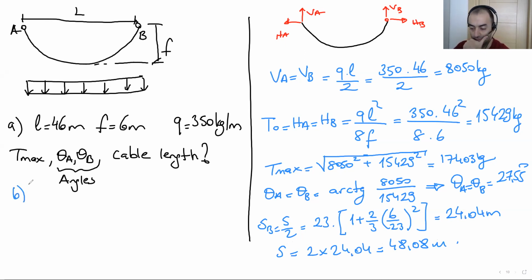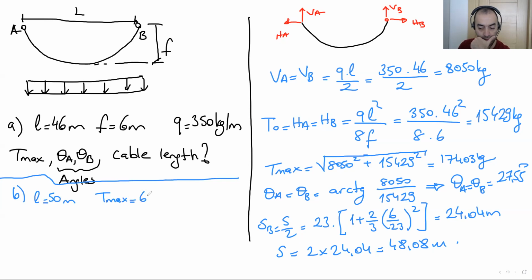B is: if L is 50, Tmax and Q are given, rounded meter, what is S?